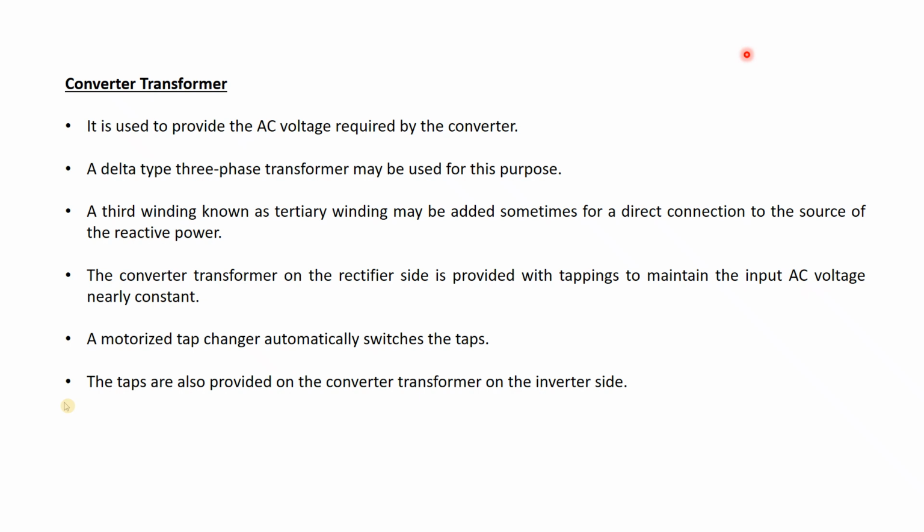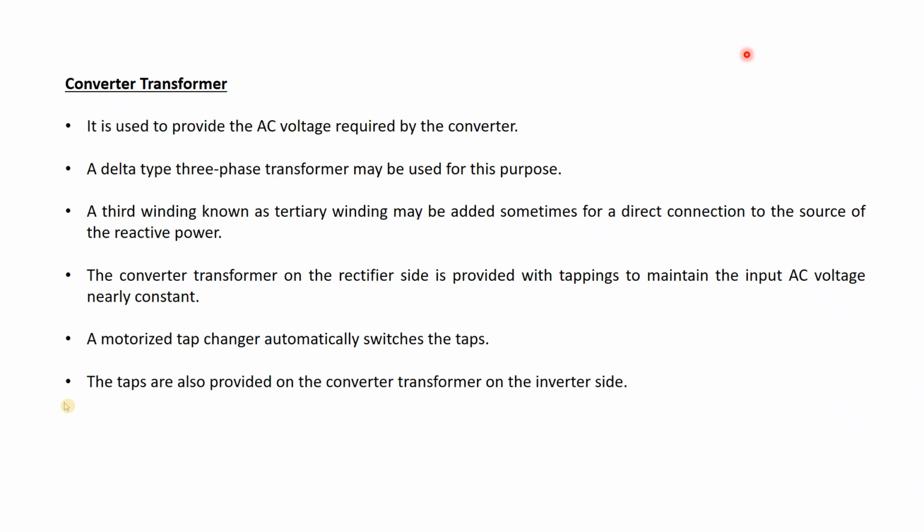Now the converter transformer on the rectifier side is provided with tappings to maintain the input AC voltage. A motorized tap changer automatically switches the taps. The taps are also provided for the converter transformer on the inverter side. So these tappings are used because there is a requirement of changing the 3-phase to single phase.